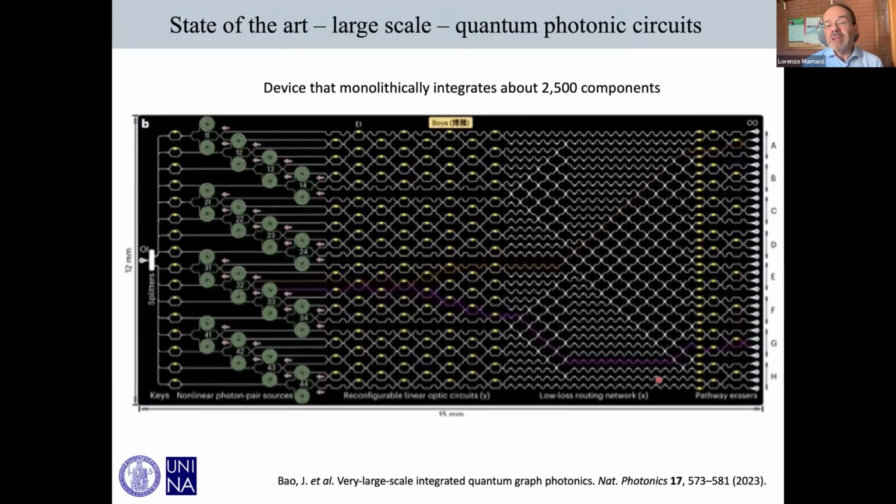For example, this device shown in this figure was published in Nature Photonics in 2023, and is a very large-scale system integrating about 2,500 components, including photon pair sources, multiple photon pairs, and then this mixing based on the concept that I just described, and finally detectors.